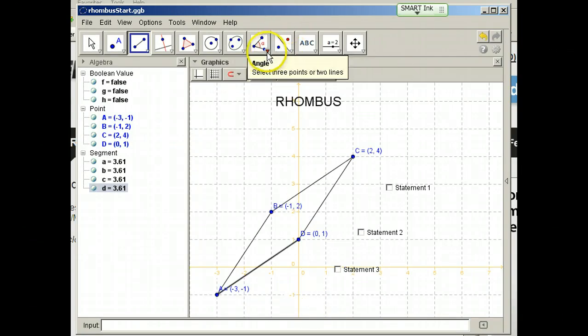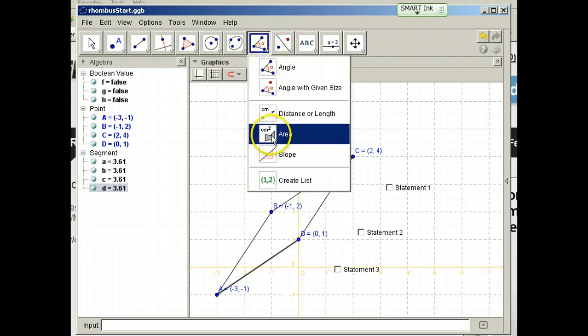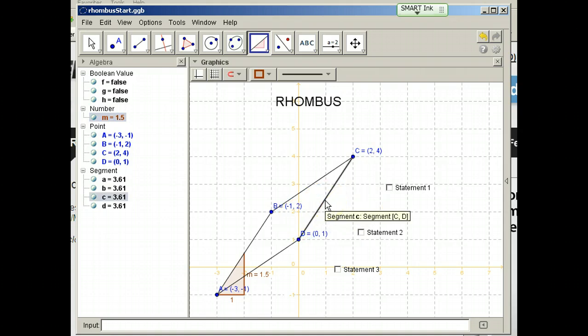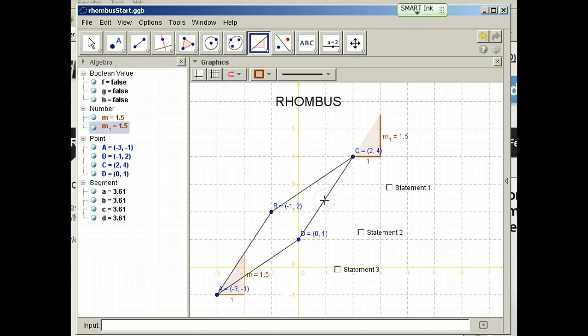So if we wish to measure a slope, we can select the slope tool and select segment AB, and it tells us the slope is 1.5, and the slope of CD is also 1.5. If these slopes are equal, then these opposite pair of sides are parallel.